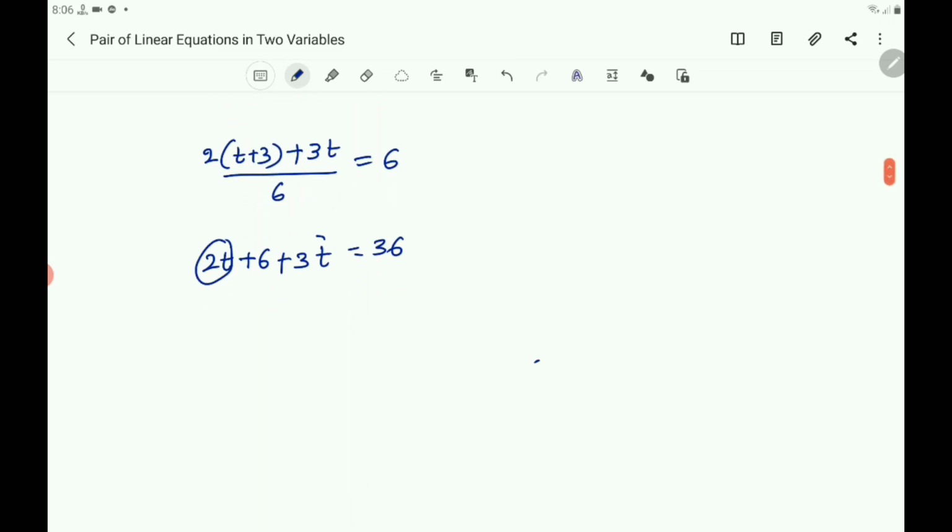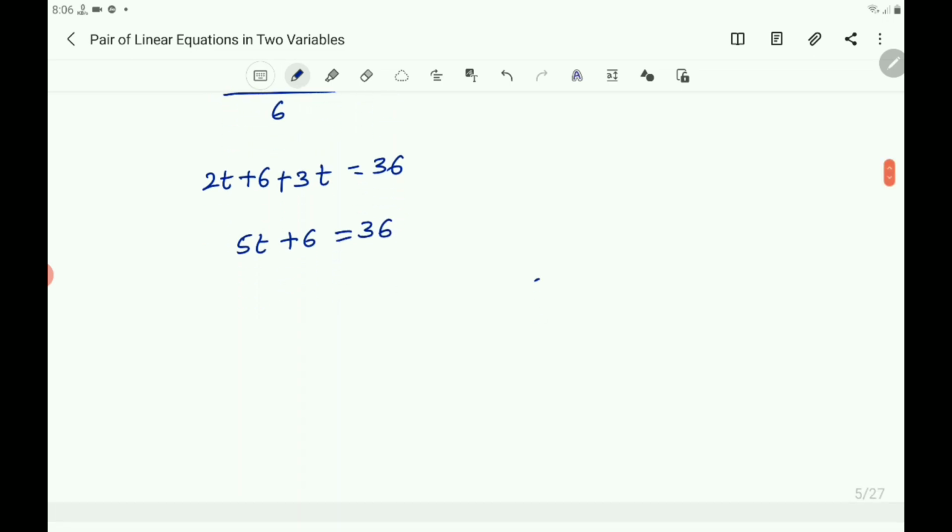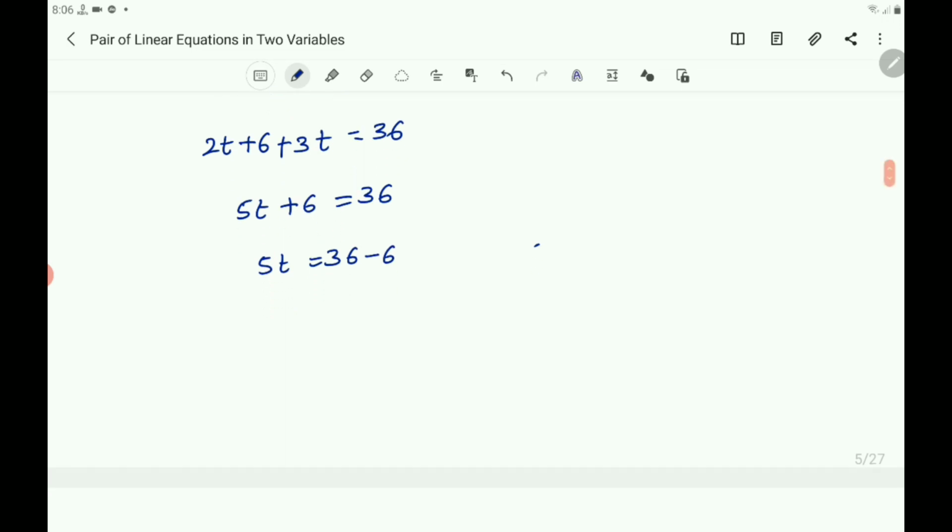Then you can add 2t and 3t. 2t plus 3t is 5t, plus 6 you write as it is, that equals 36. Then you write 5t equals 36. Transfer this plus 6 to the RHS, it becomes minus 6.